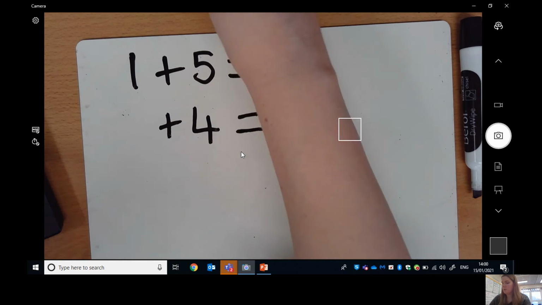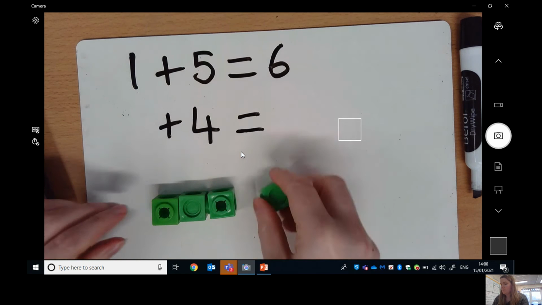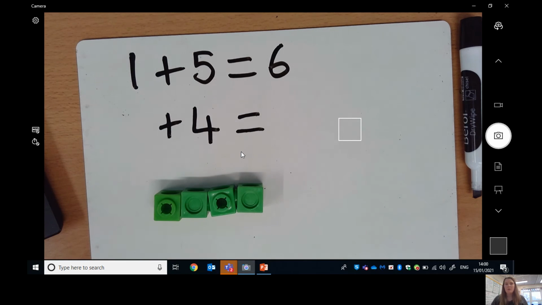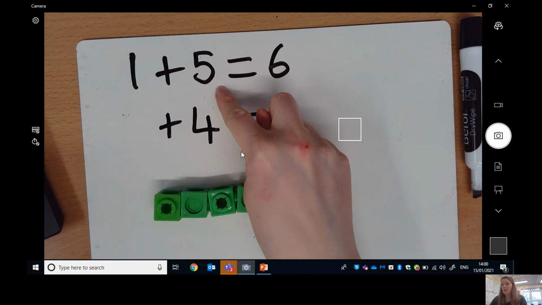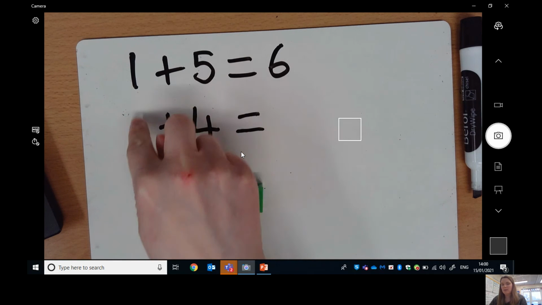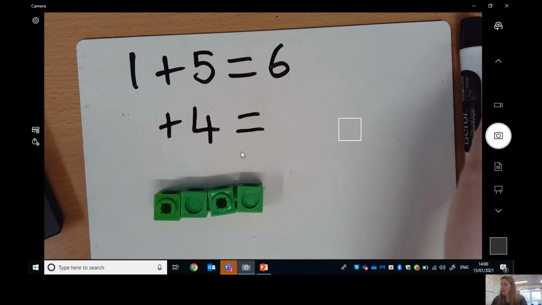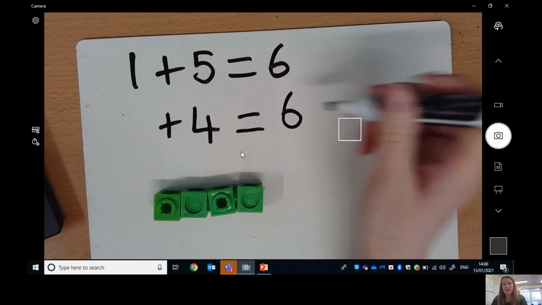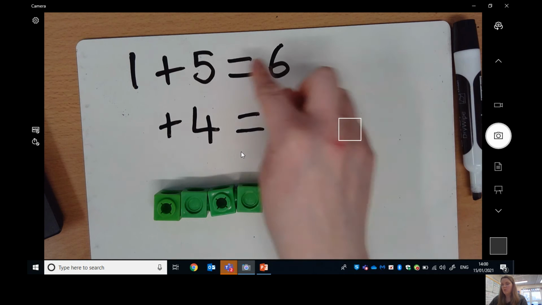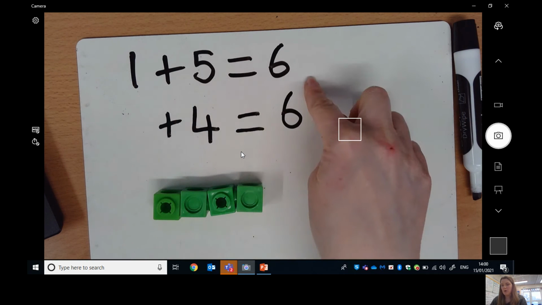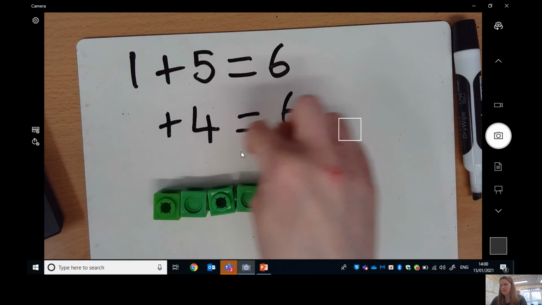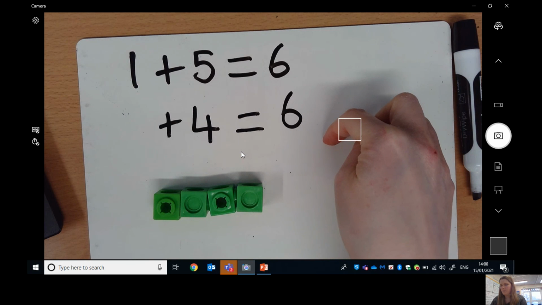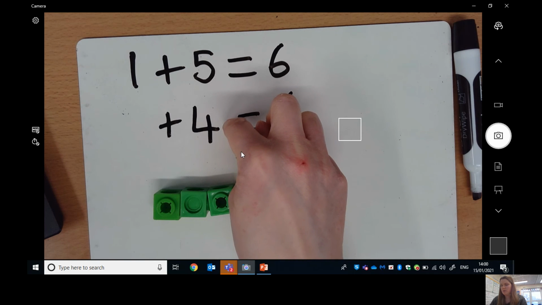4. Very good. Okay, so I'm going to get 4 cubes. Using this one to help us, what do you think this number should be to get us our answer 6? If 1 plus 5 is 6, what plus 4 makes 6? Well, this one goes down.